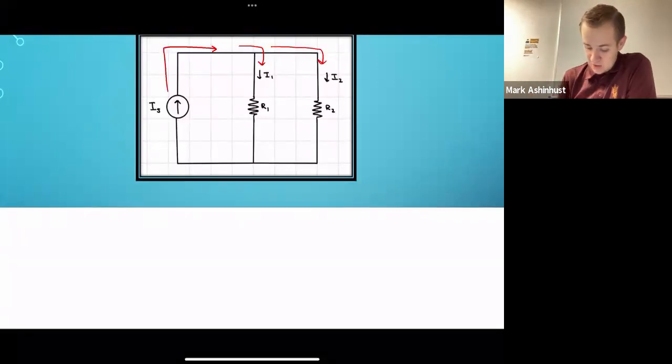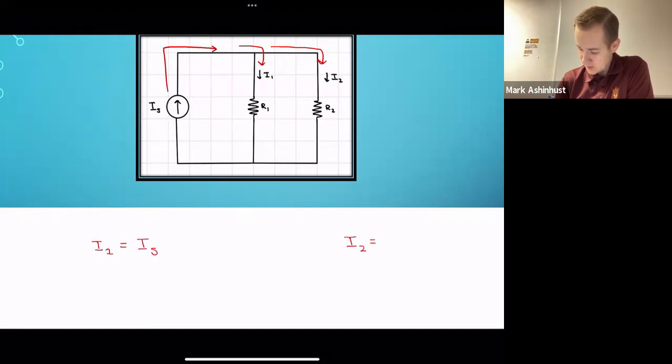So if we're writing I1, this is going to be IS. Both of these are going to start with IS, and we can write these next to each other. We'll solve I2 as well. For I1, think about which resistor is going to be in the numerator.